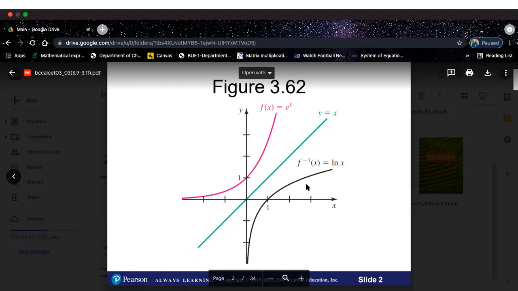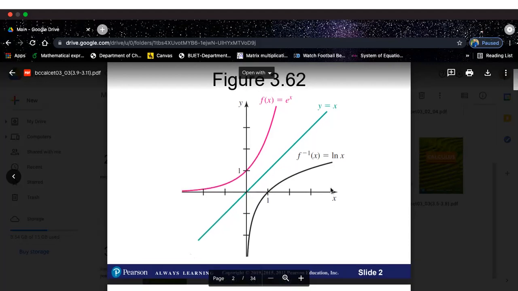In other words, in mathematics, we say it's symmetric. That means it behaves similarly. So there is a certain relationship between logarithmic and exponential functions.